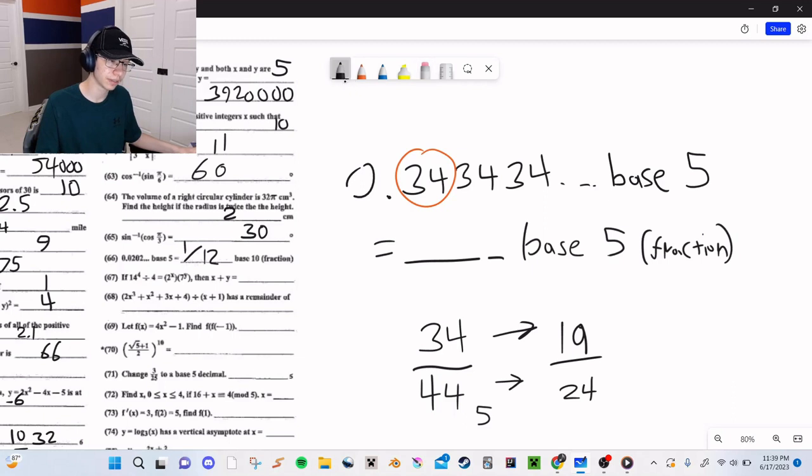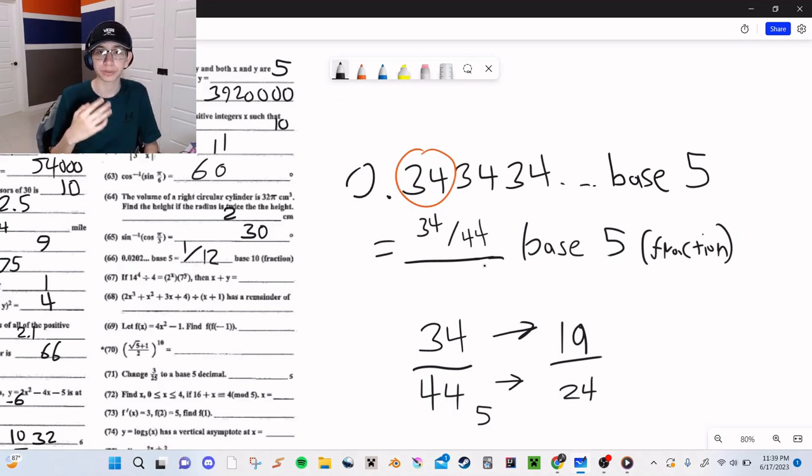So our answer remains as is, 34 over 44. And that might look like a cursed fraction, right? Like obviously you'd think this should simplify, but it doesn't because we're not dealing with base 10. We're not dealing with the normal rules we're used to. We gotta see if we convert this fraction to base 10, if it simplifies.